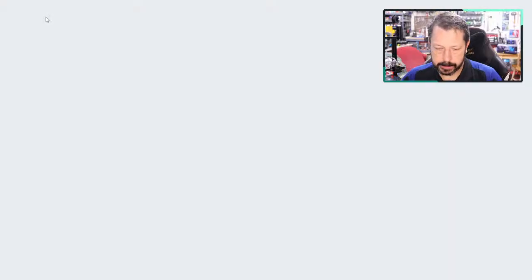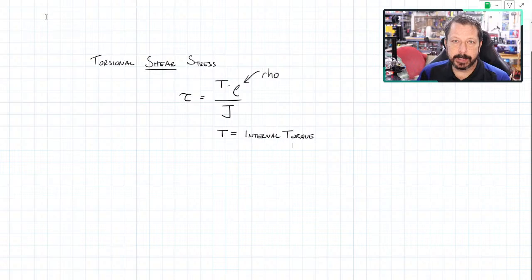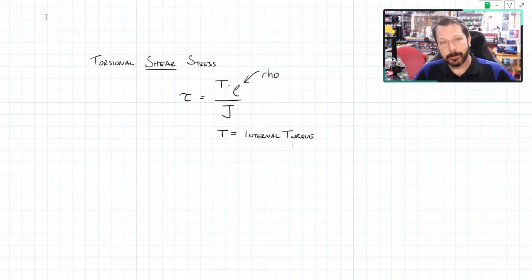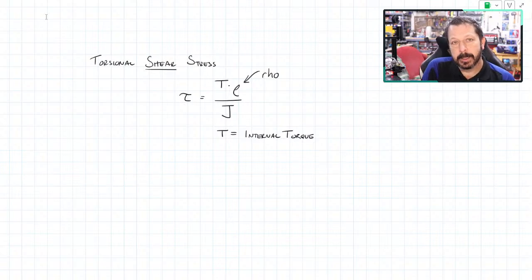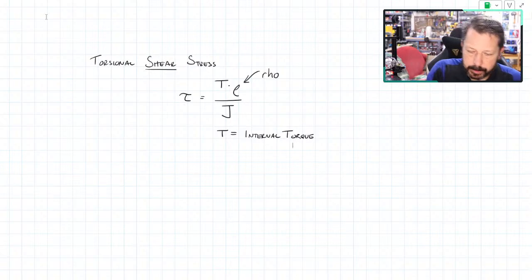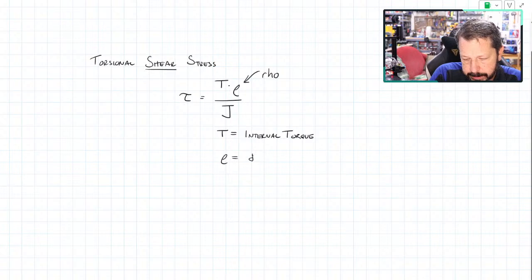Let's go back here. So T is the torque that's applied. It's an internal torque, so it's not necessarily the ones applied to the outside. We do have to do the same thing that we've been doing, where we've calculated axial stress or whatever, and we cut the piece open to see what's going on inside the piece. We have to do the same thing here. Rho is the distance from the center.